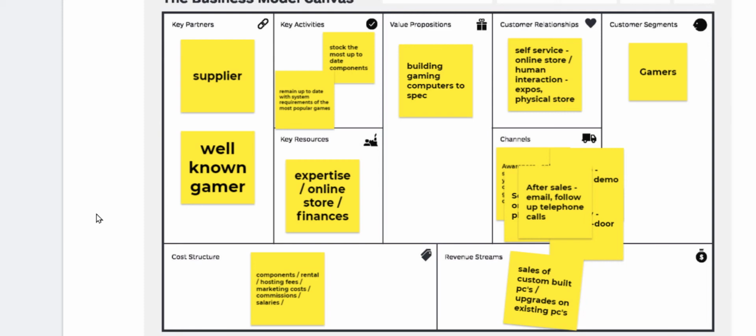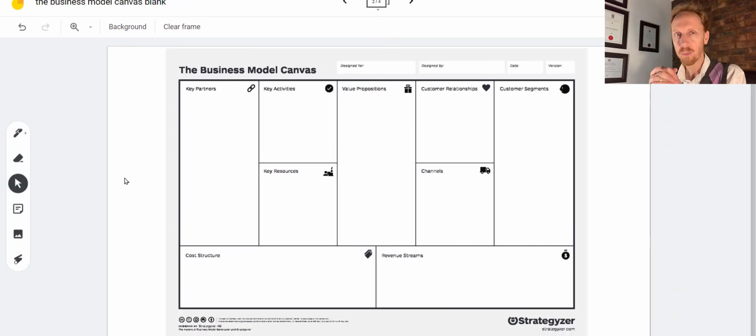And when we move over to the next examples, we'll try and use the same one and see how it evolves. But let's do a second one. So we've done this. Let's do a second example. So the first example, we looked at building gaming computers for gamers.